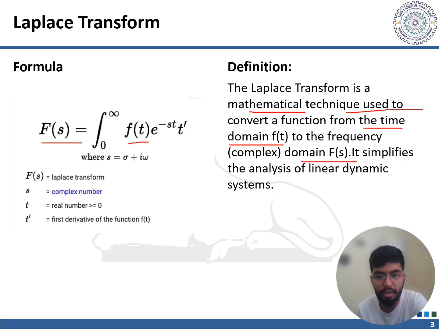You can solve that equation and get the output in the frequency domain, and then you can apply the inverse Laplace transform on that equation and you will get the solution in time domain back. So it is used to simplify the calculation and analysis of linear dynamic systems.